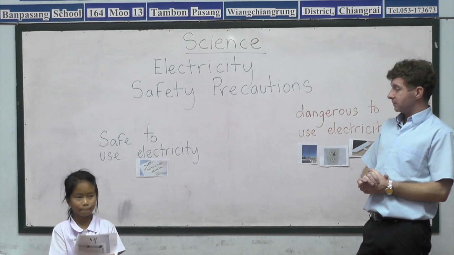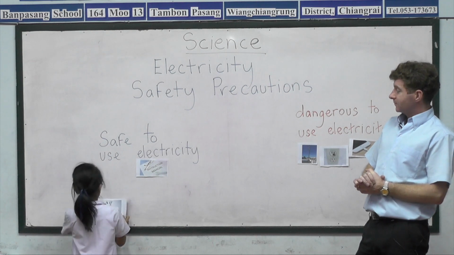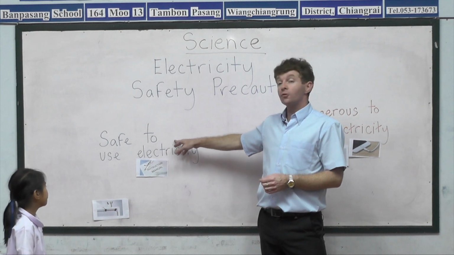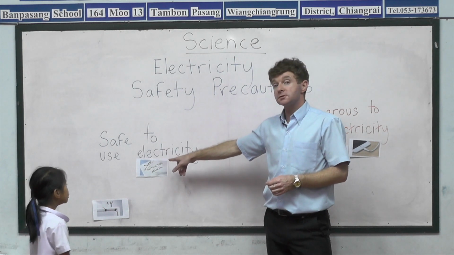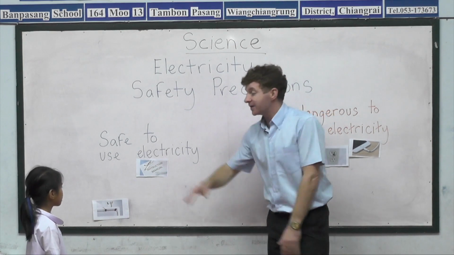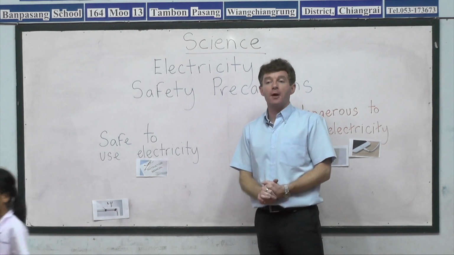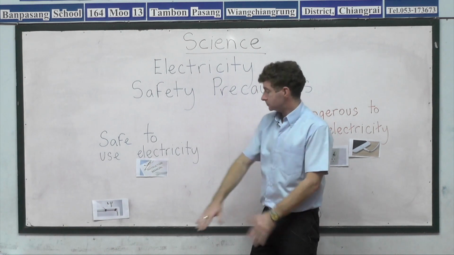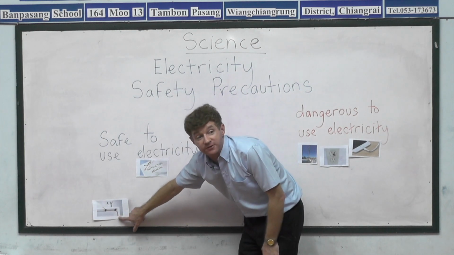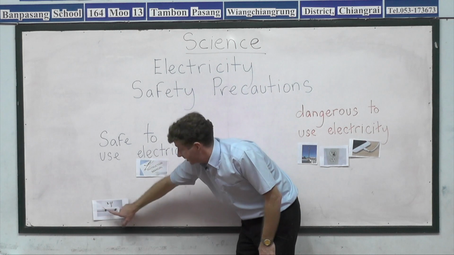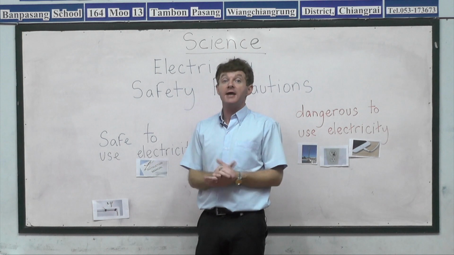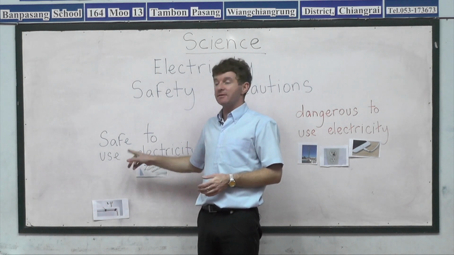So where would you put it? And you will say, safe to use electricity. Excellent. High five. A round of applause for Prel. Because you can see here in the picture, the electricity cables have been placed away safely. We can't fall on them or trip because they're put away nicely. So this is safe.